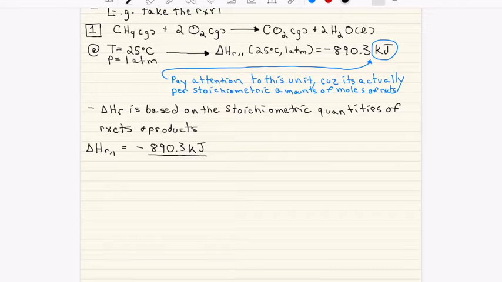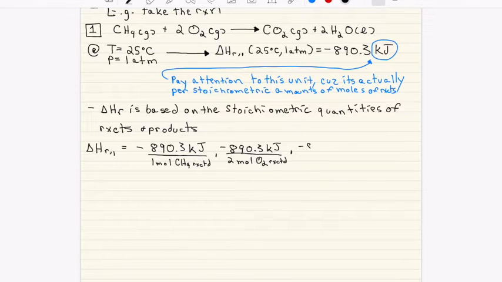But the way you should think about it is that this much energy is released every time 1 mole of methane is reacted. Or you could think of it like this much energy is released when 2 moles of oxygen are reacted.